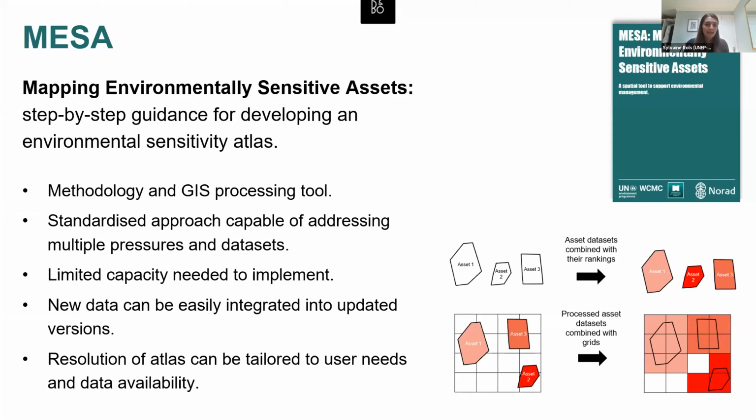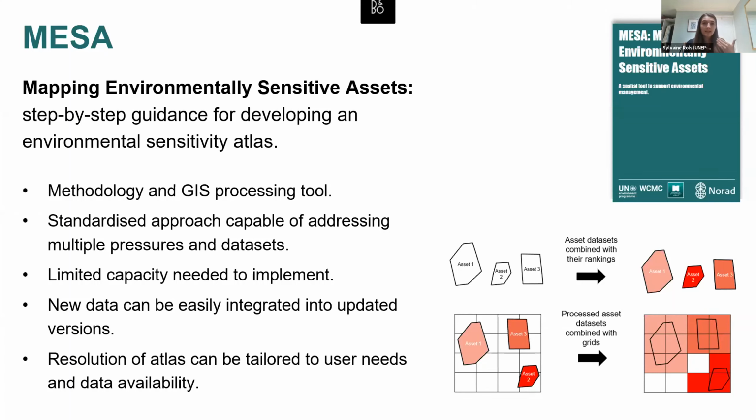And this is why NEA and UNEP-WCMC have developed a sensitivity mapping tool that was published in 2020, which would facilitate the application of sensitivity mapping in a variety of contexts and has the relevant flexibility for integration into national planning processes. So MESA, Mapping Environmentally Sensitive Assets, is a step-by-step methodology and GIS processing tool for producing sensitivity atlases for a range of user needs.